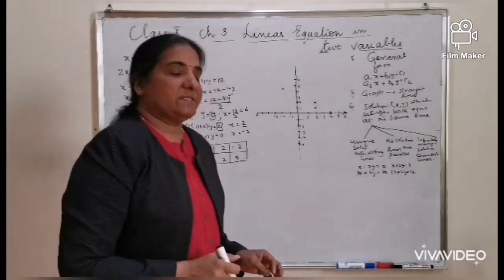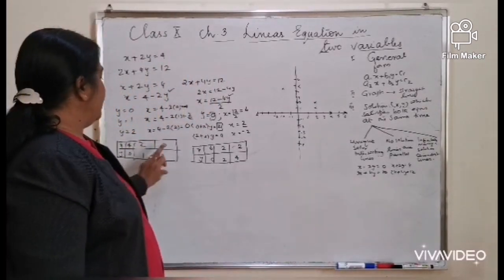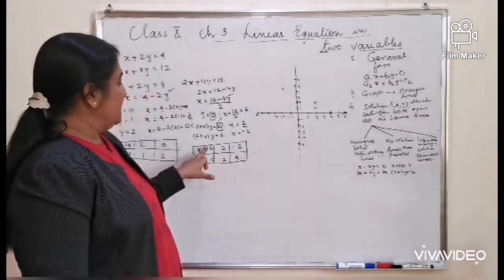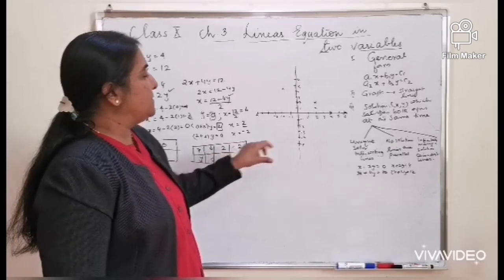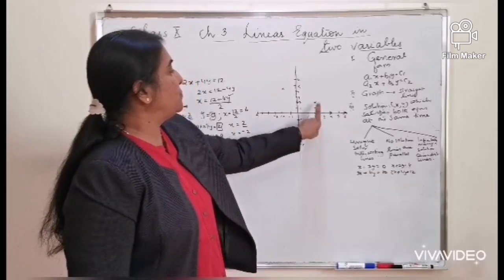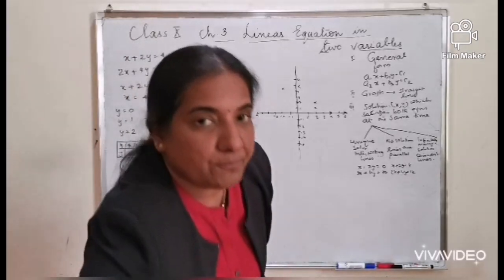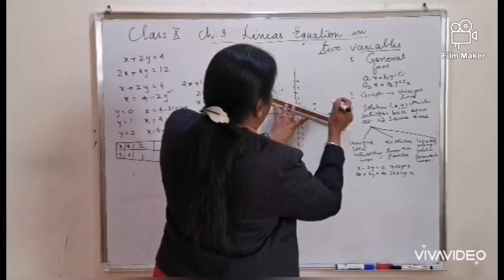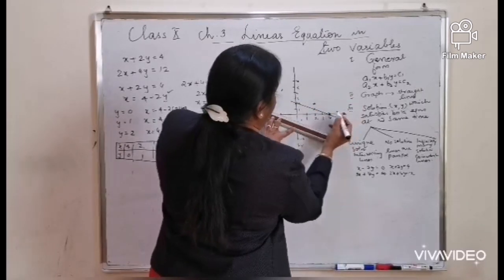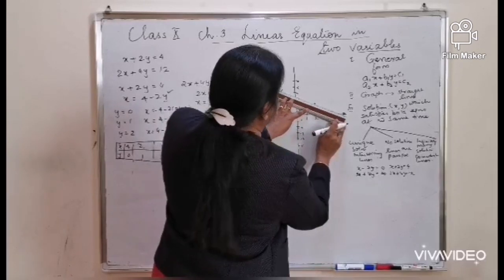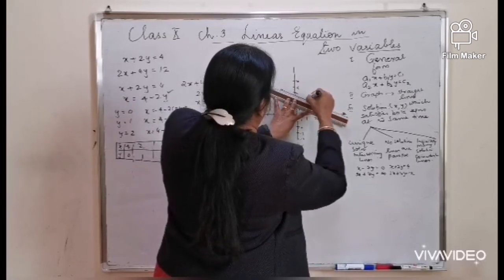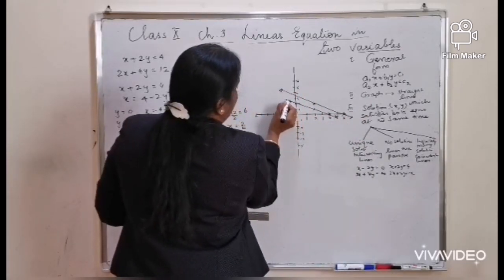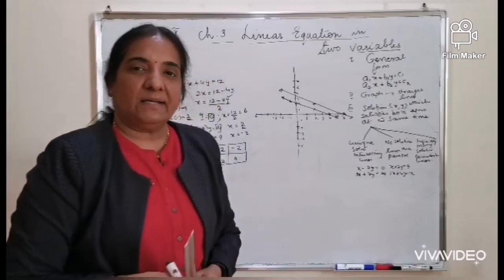By plotting the points 4, 0; 2, 1; 0, 2 and 6, 0; 2, 2; and minus 2, 4, and joining the points for the first line and the second line, you can see that the graph is representing parallel lines.